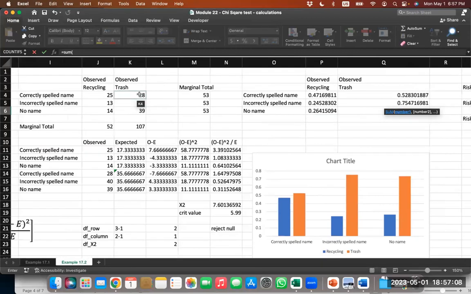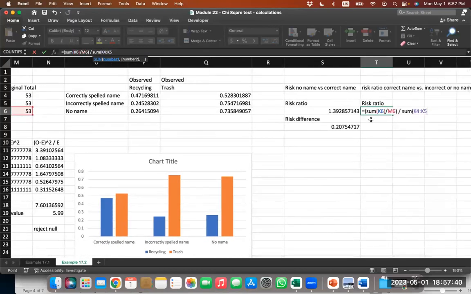So that would be the numerator is no name divided by no name divided by 53 divided by correctly spelled, ink wrong way around. Okay. My bad.